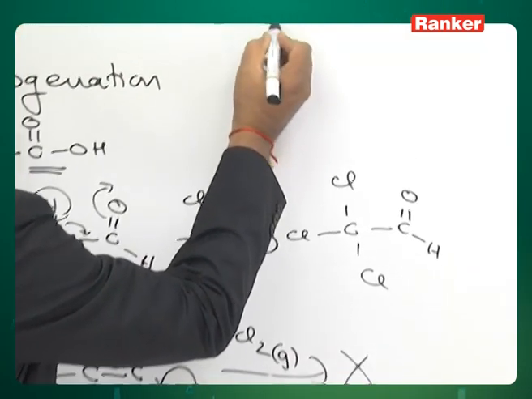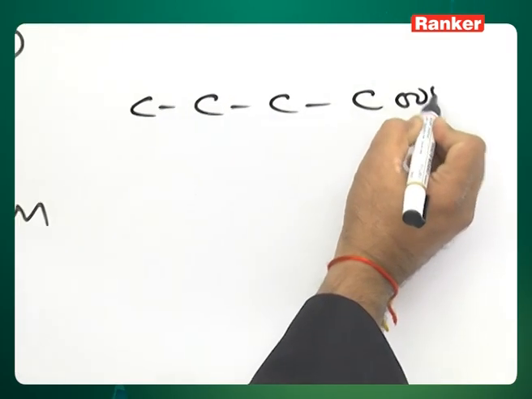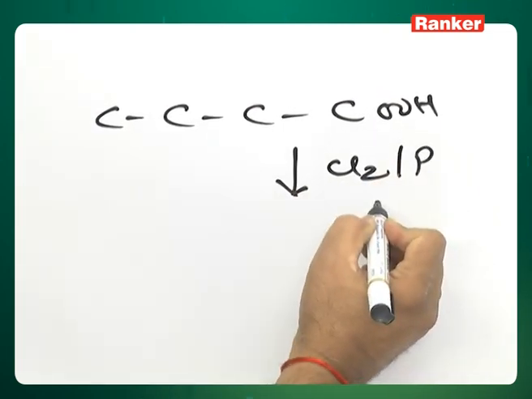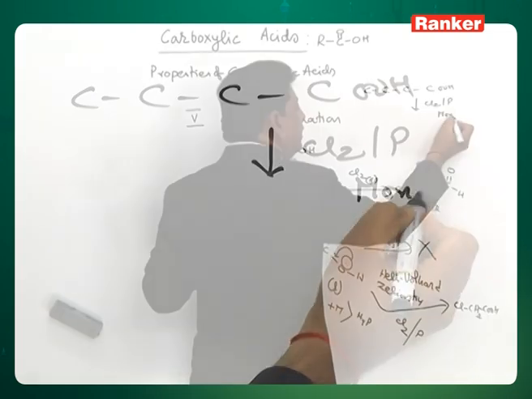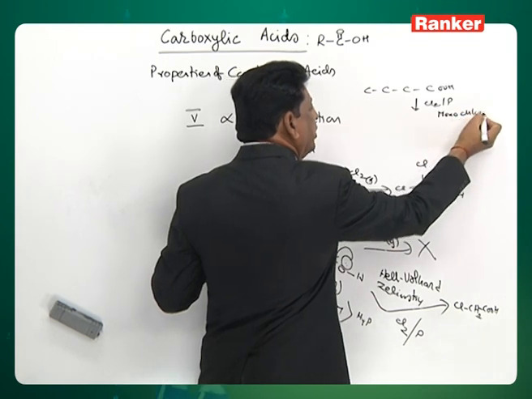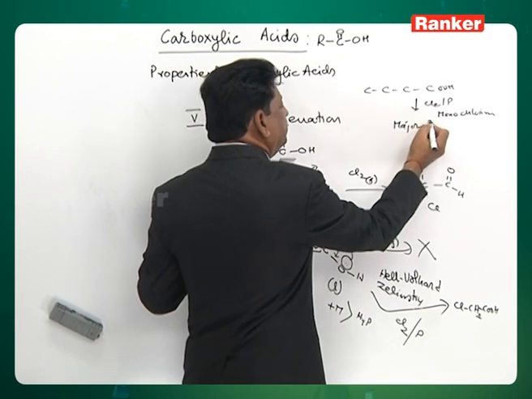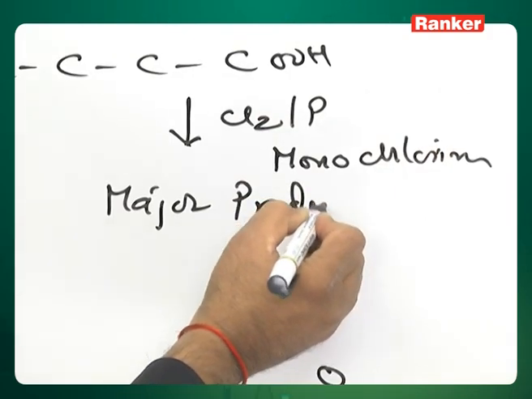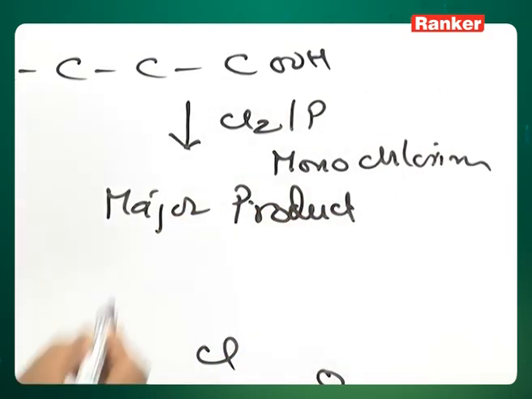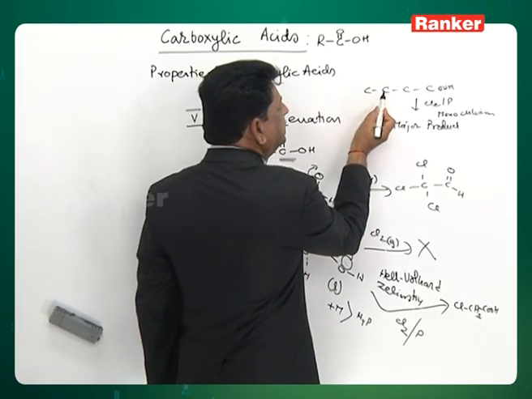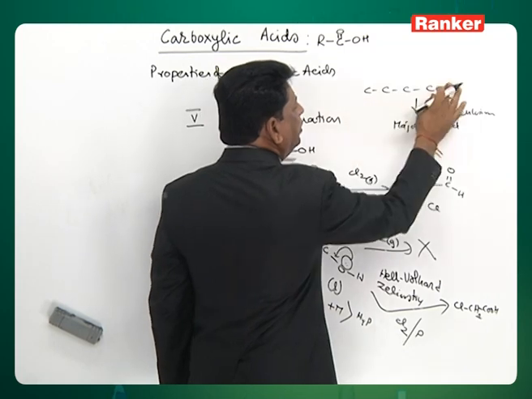A suitable question is, for example, if I take butanoic acid and treat it with chlorine and phosphorus under monochlorination conditions, what is the major product formed? It is a very suitable question. The chlorine can be introduced here, giving 4-chlorobutanoic acid, 3-chlorobutanoic acid, or 2-chlorobutanoic acid.